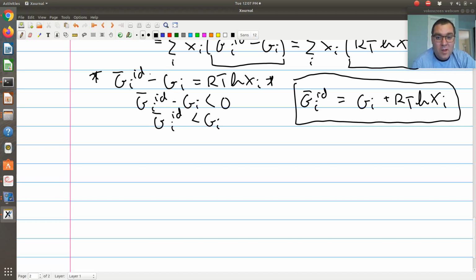When I see differences in Gibbs free energies at the same temperature and pressure, I know that's going to be equivalent to RT log of a ratio of fugacities. And how we get to an expression for fugacity of component I in an ideal solution is exactly from here. RT log Xi is going to be equal to RT log of the ratio of fugacities.